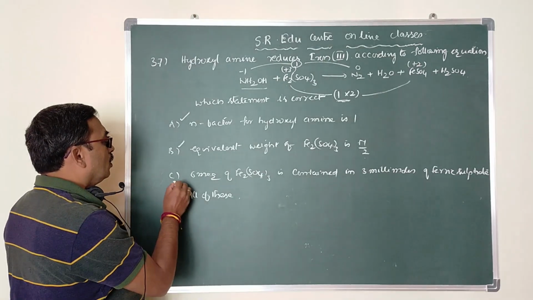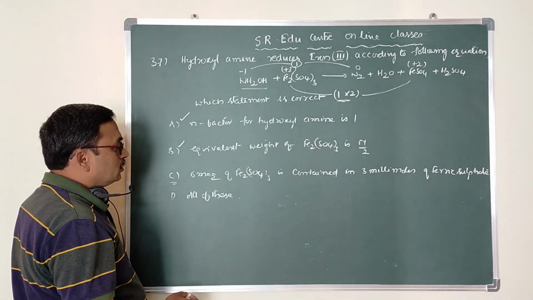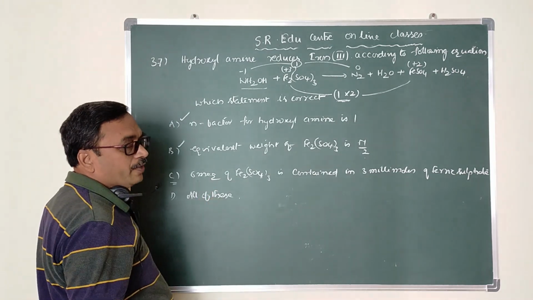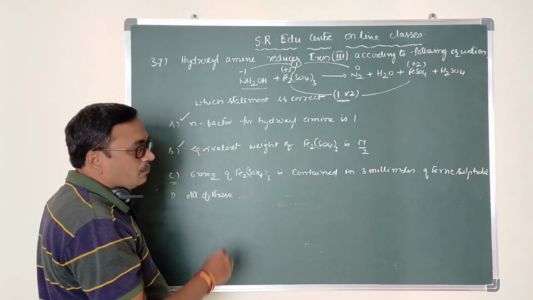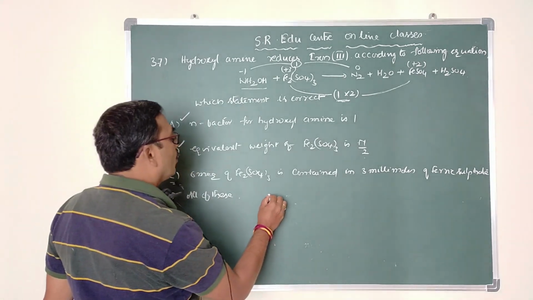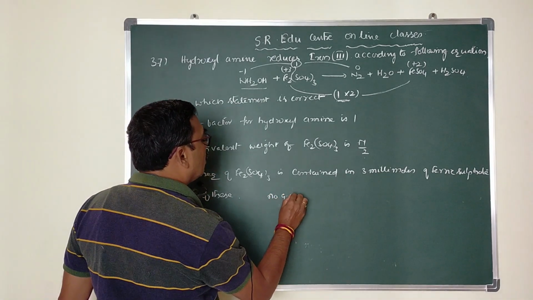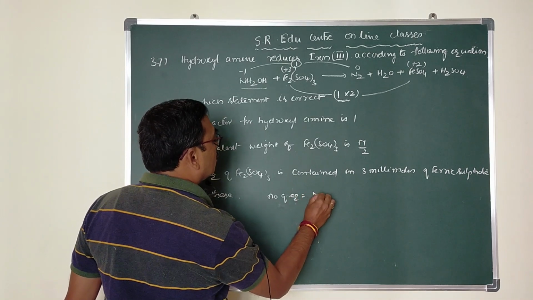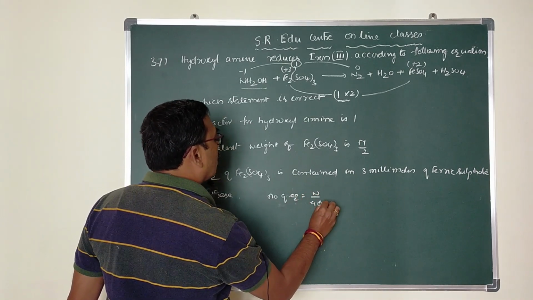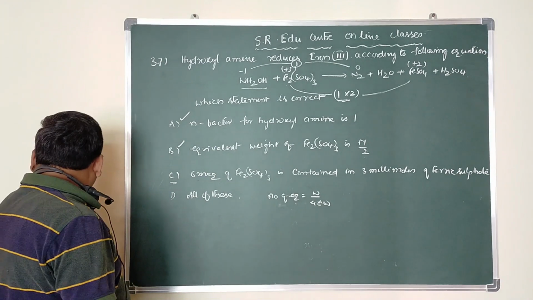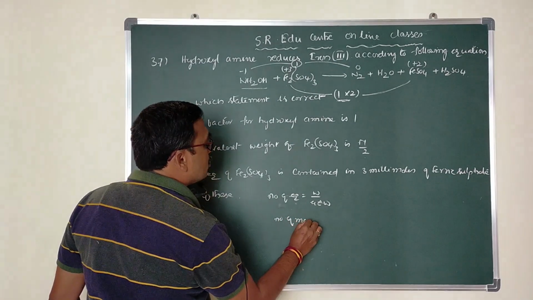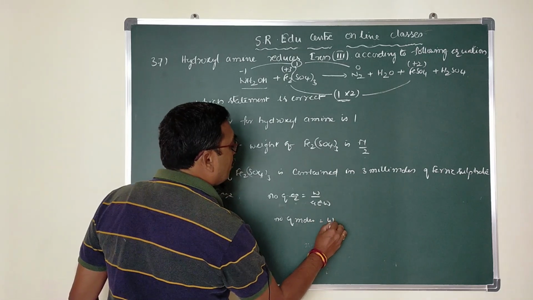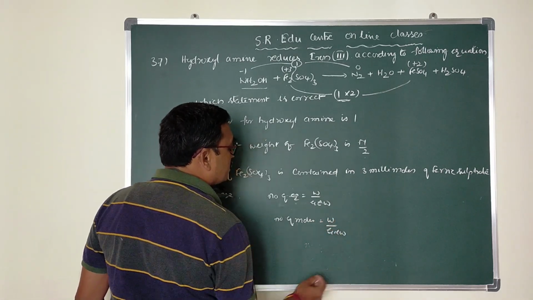Now the C option is 6 milliequivalents of Fe2(SO4)3 contained in 3 millimoles of ferric sulfate. Number of equivalents is equal to weight by gram equivalent weight. Number of moles is equal to weight by gram molecular weight.